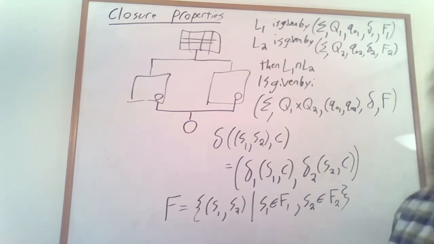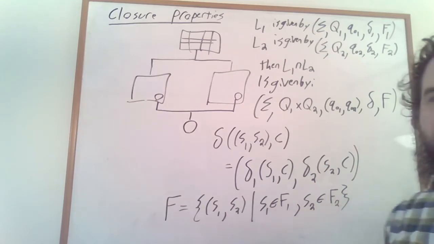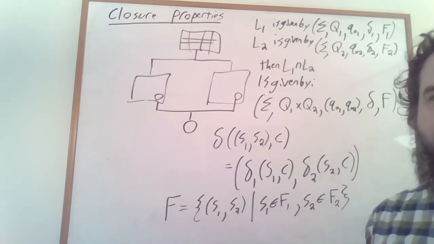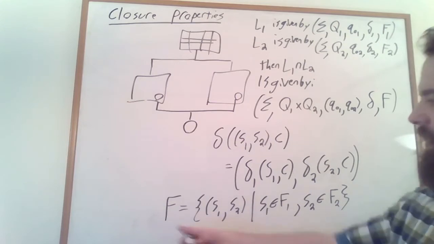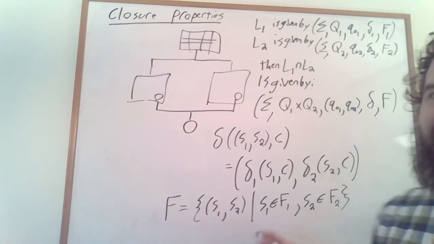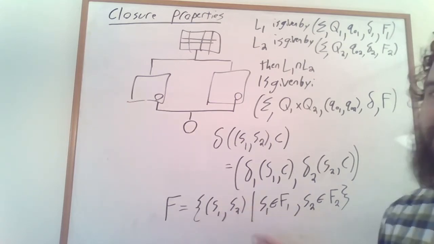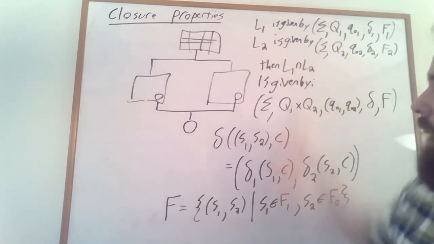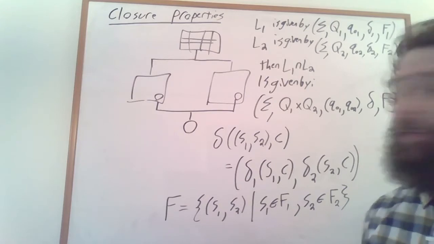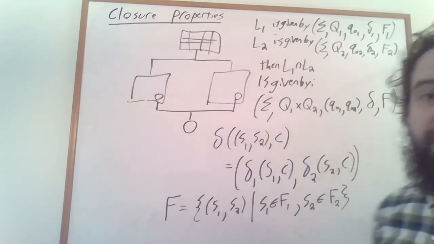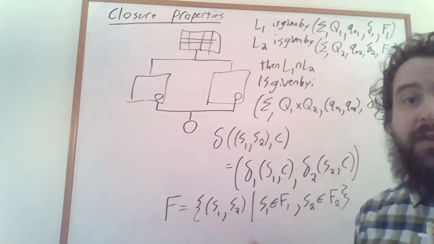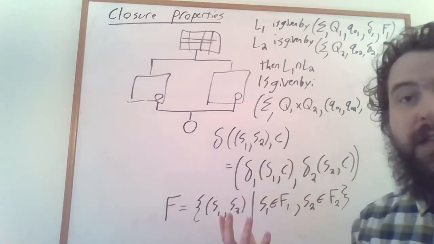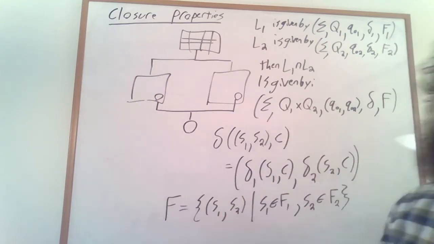And we could just write this as F1 cross F2 using, again, the Cartesian cross product notation, but it's more clear that this is the thing that we're going for if you read it out like this. So, given finite state automata for two languages, we were able to produce a deterministic finite state automaton for the intersection of the two languages, thereby proving that the set of regular languages is closed under intersection.